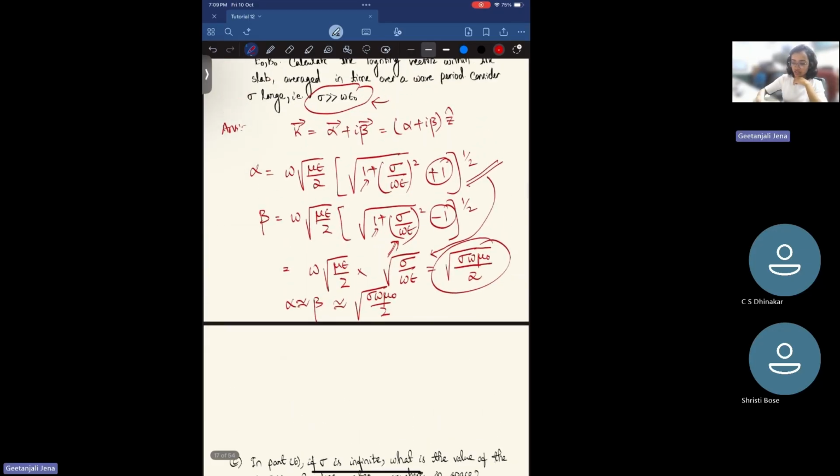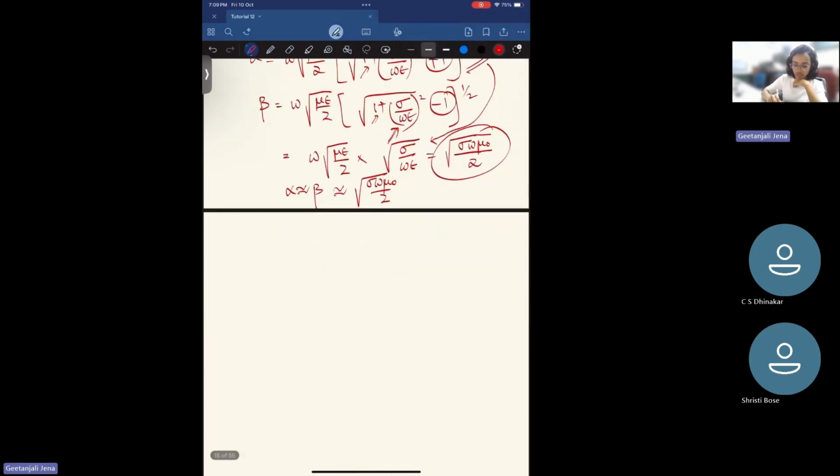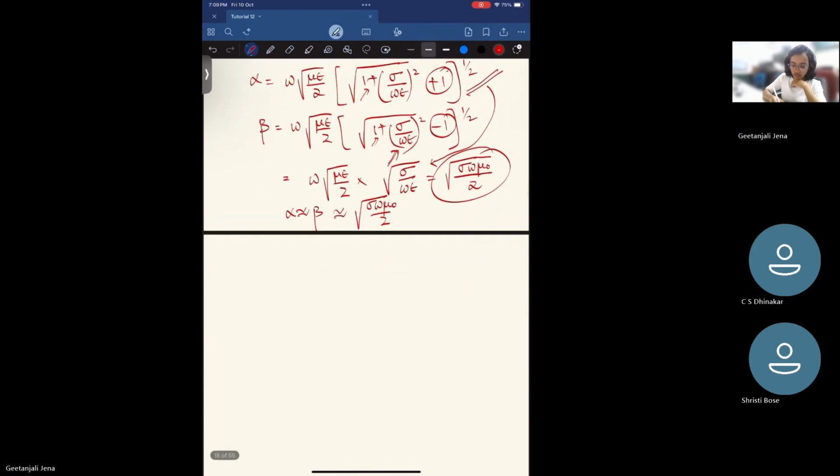So let us calculate the Poynting vector now. The electric field inside a conductor, if you recall, is E0 x cap, with an exponentially decaying factor e to the minus beta z for our case, because beta is the imaginary part, and there will be a propagating wave e to the i alpha z minus omega t.